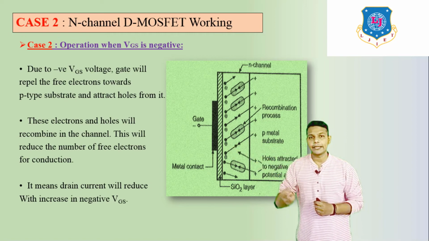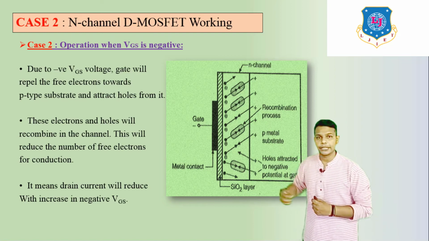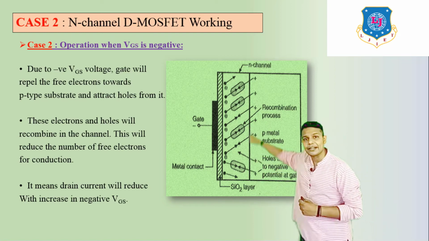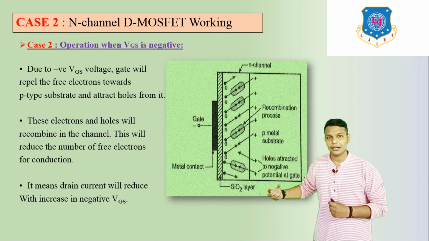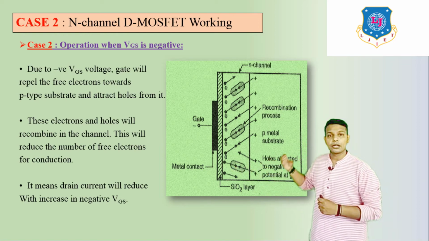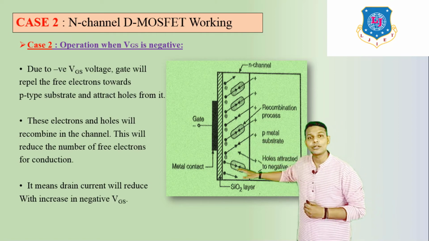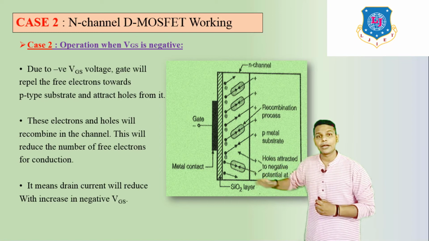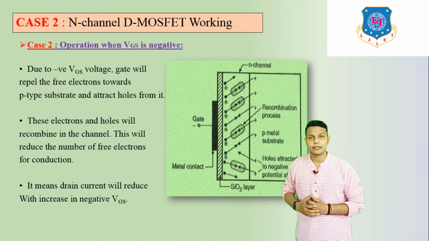So first polarity should be minus. If we apply negative voltage, that means in this channel there are number of electrons, majority carrier charges. So it always repel, because here polarity is also negative. So same polarity, due to same polarity here electrons are repelled.